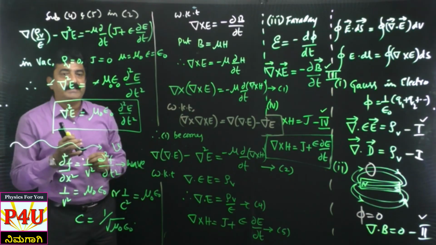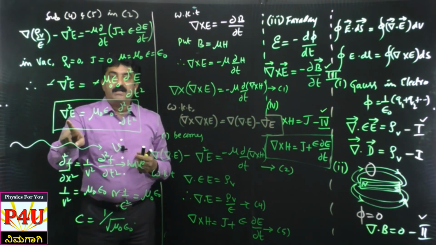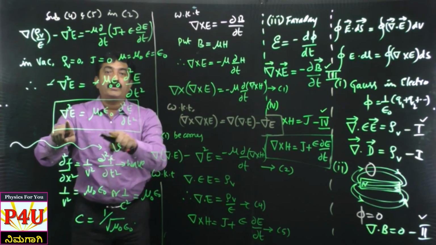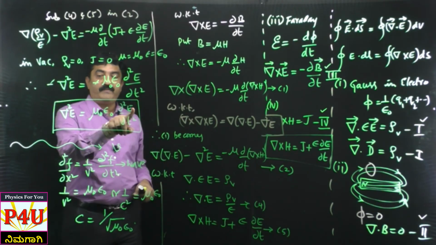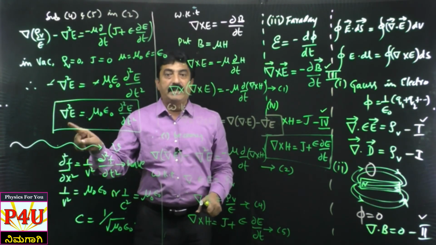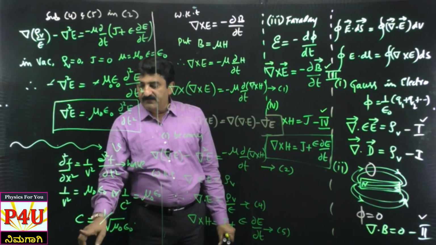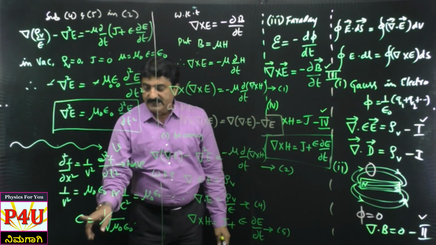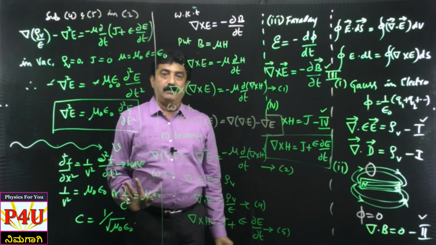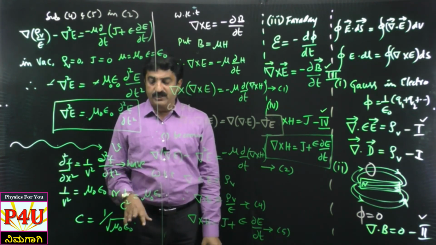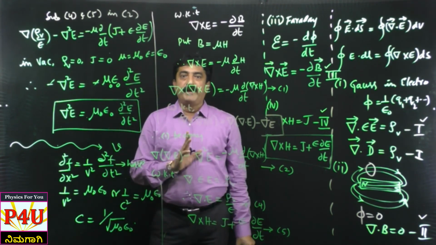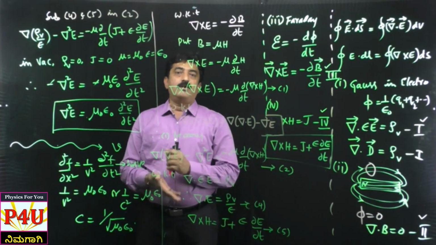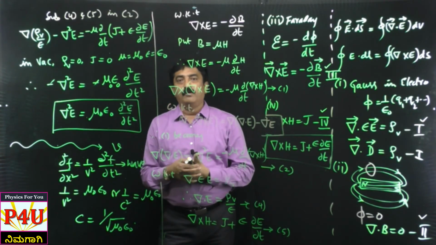So the question will be like this: derive the second order differential equation for a progressive wave in terms of electric field, and also derive the expression for the speed of light. Here is the derivation. Mu naught is 4 pi into 10 power minus 7. Epsilon naught is 8.85 into 10 power minus 12.